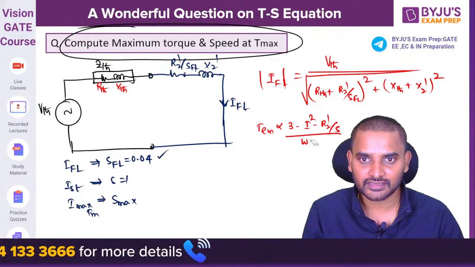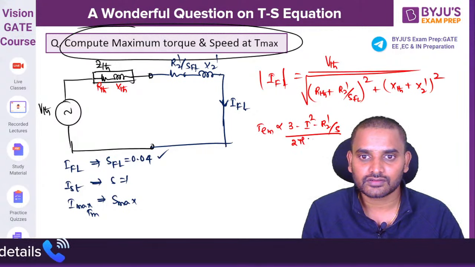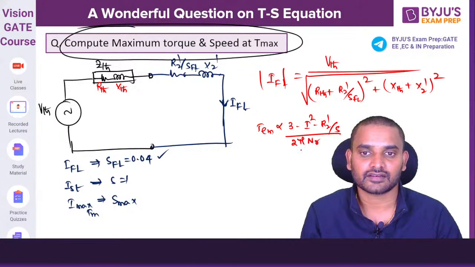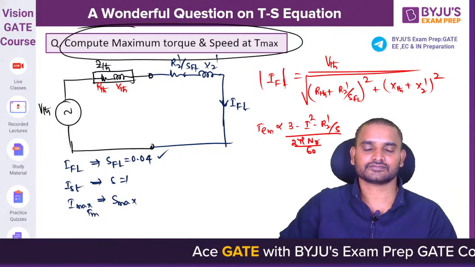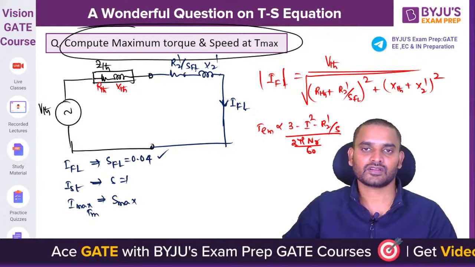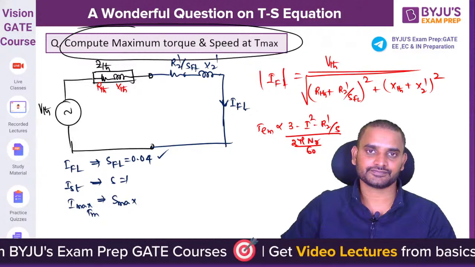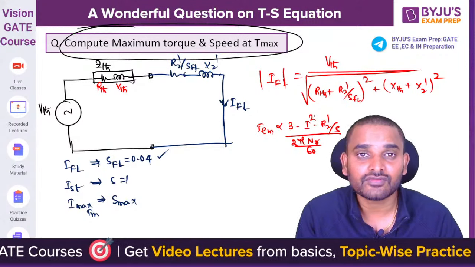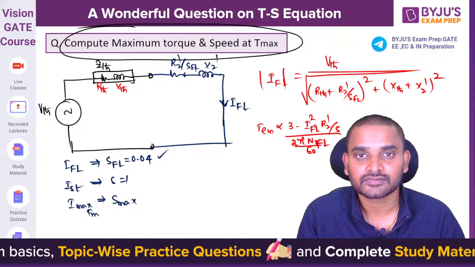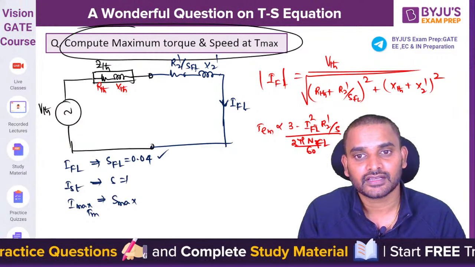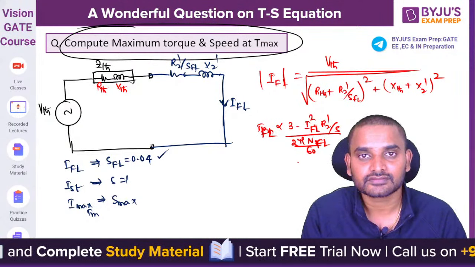What is the speed? 2 pi N r by 60. This is the speed. Which current are you substituting? Full load current, so you substitute full load slip and full load speed. So that you will get full load torque.